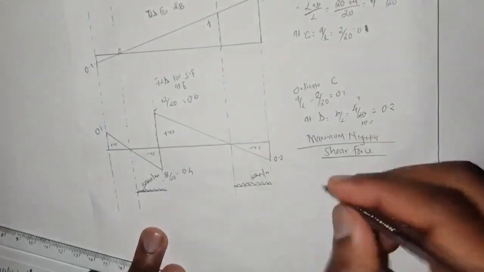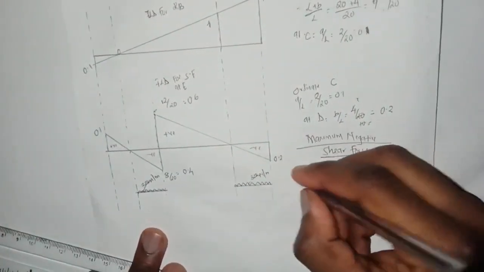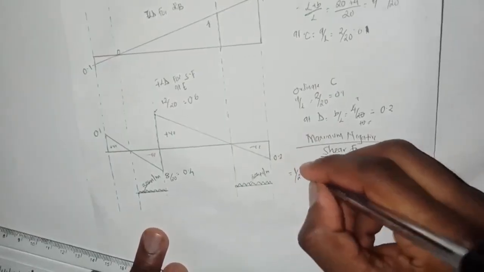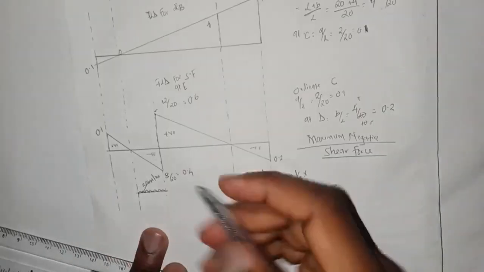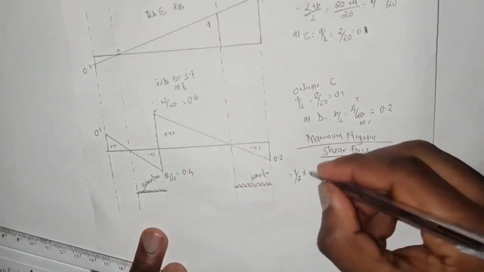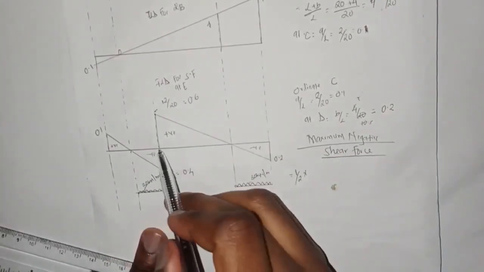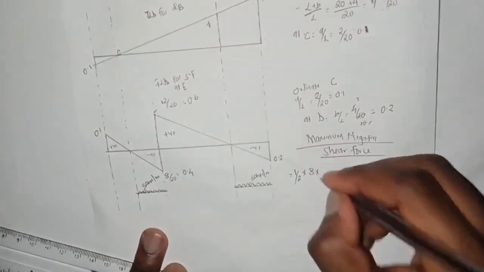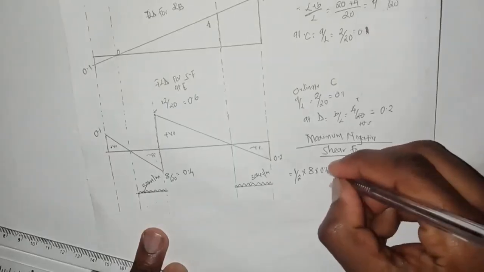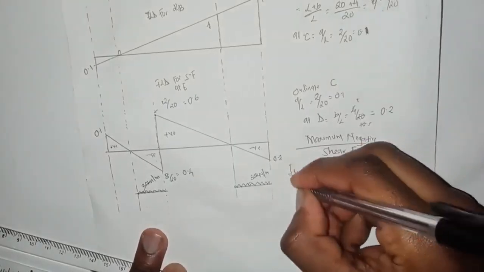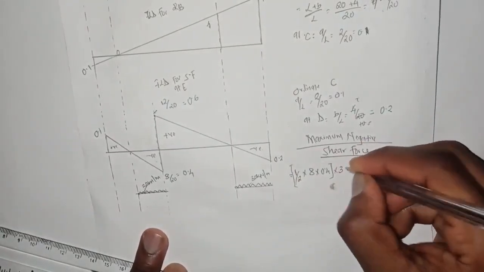The formula is a half multiplied by the base, which is 8 from E to A, multiplied by the height, which is 0.4, multiplied by 30.